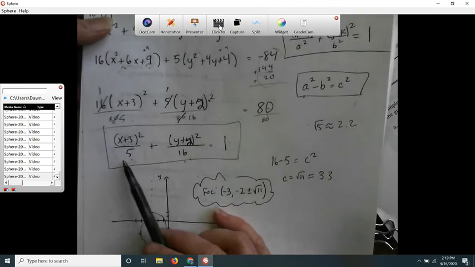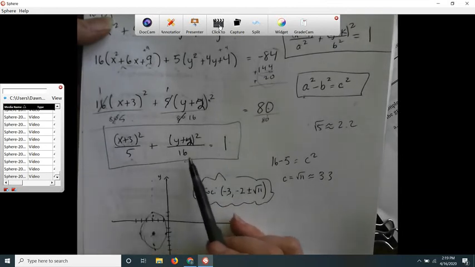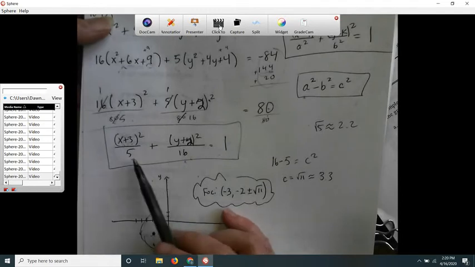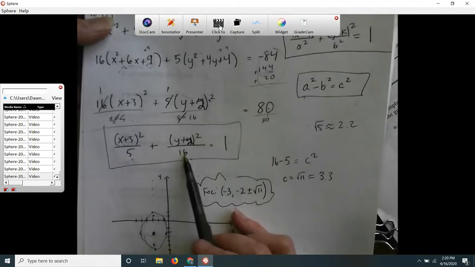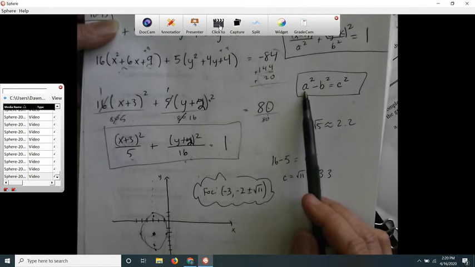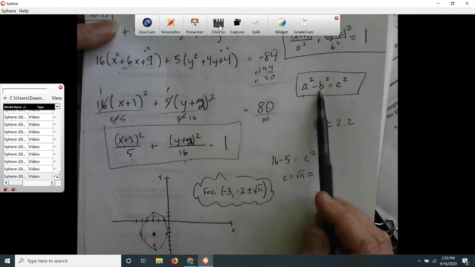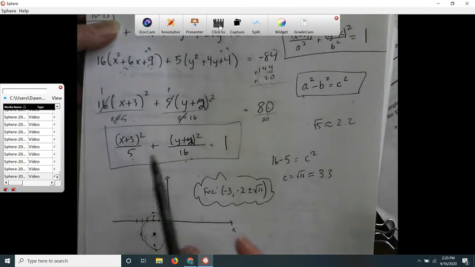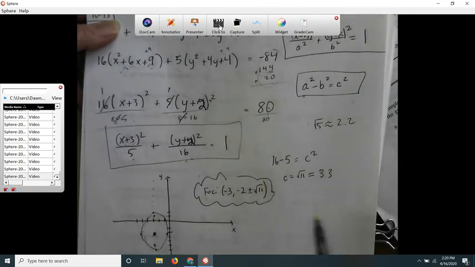So this is B and this is A. You take the bigger number squared minus the smaller number squared. So it's going to be 16 minus 5 is c squared. And so c ends up being square root of 11.